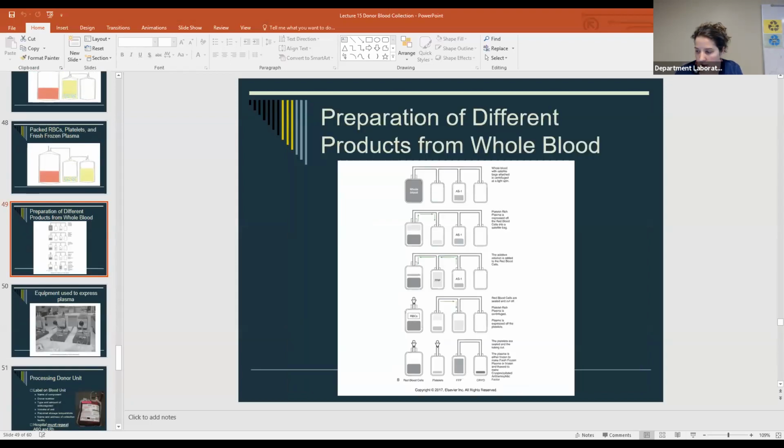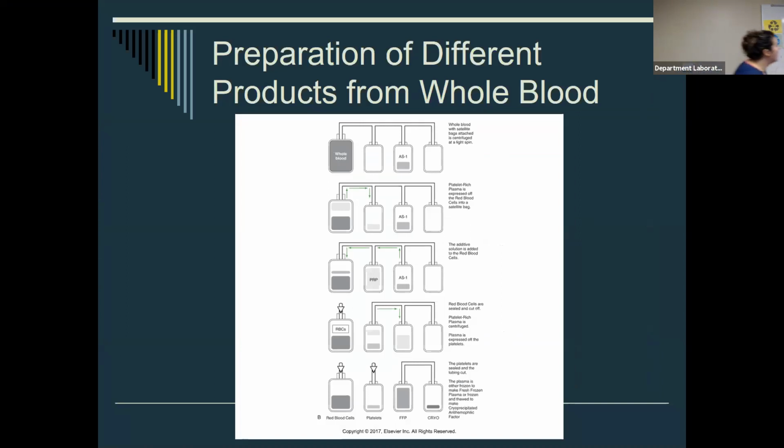I want to show you guys something real quick to hit home. Notice here's your mother unit that I mentioned. This already has your CPD anticoagulant in it. Notice a couple steps down, once the platelet-rich plasma has been pulled off, in this step here's your Adsol preservative.